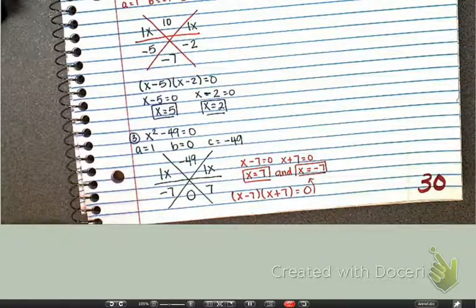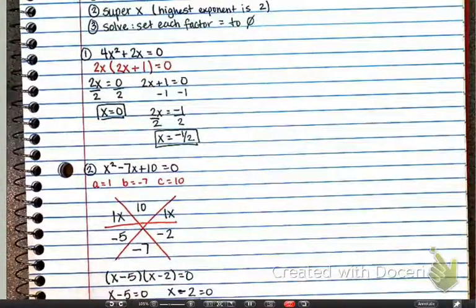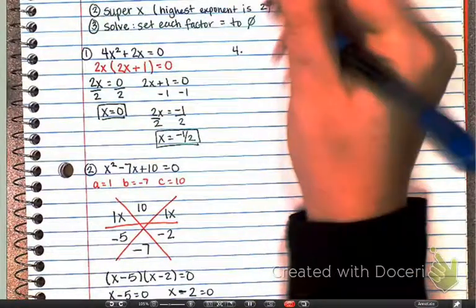Okay. So I'm going to give you, let's do one more together, and then I'm going to give you 2 to try, and then you get to work on your homework. So number 4, we'll do this one together.